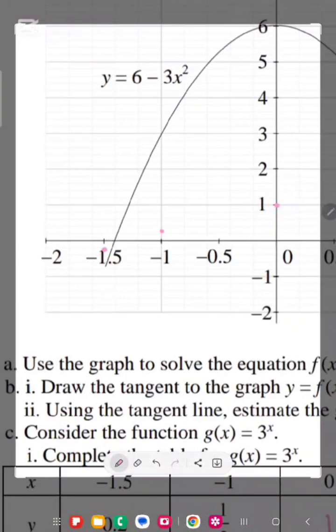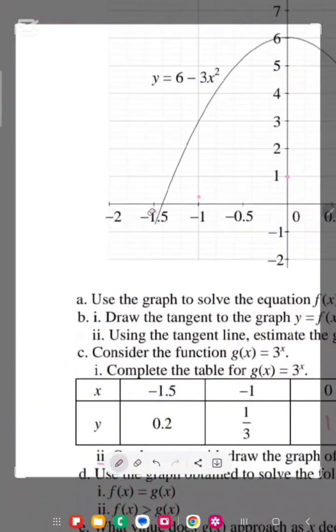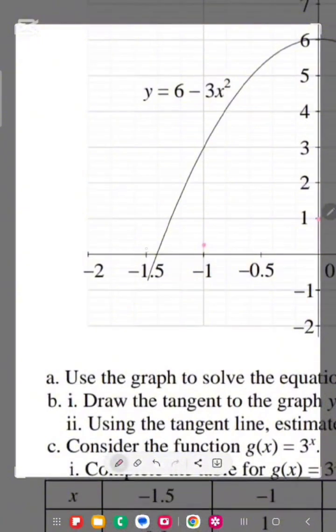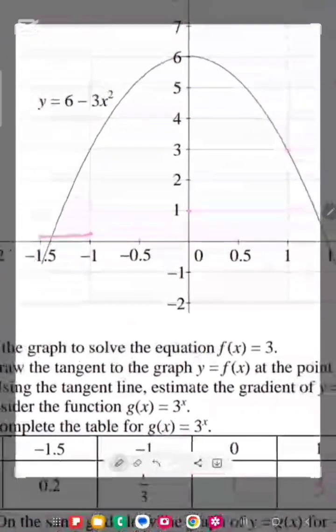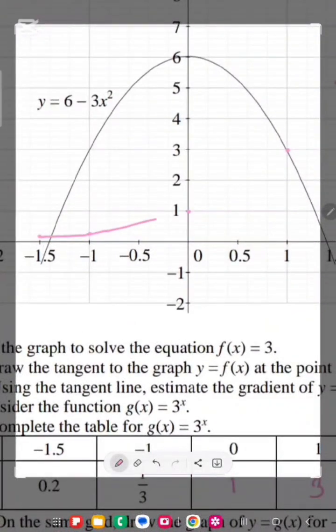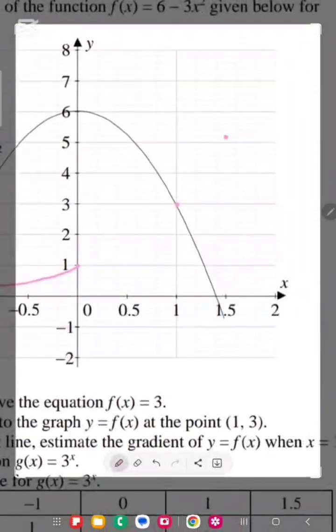Now connect them. Sorry, it's negative 1.5 and positive 0.2. I got that wrong. Okay. Now connect them, try and do it as accurate as you can.